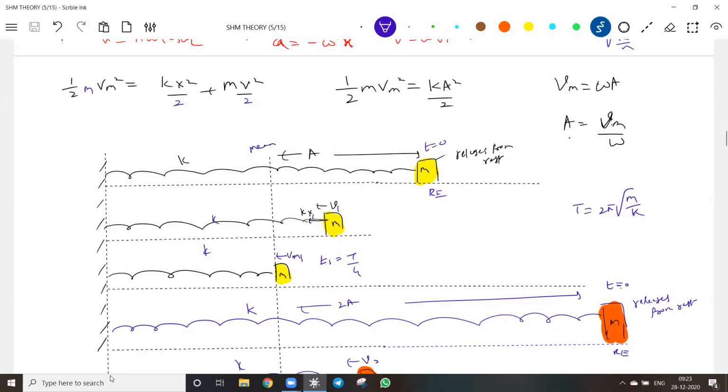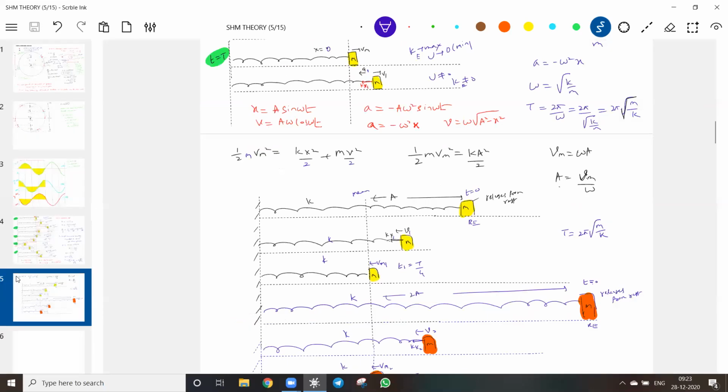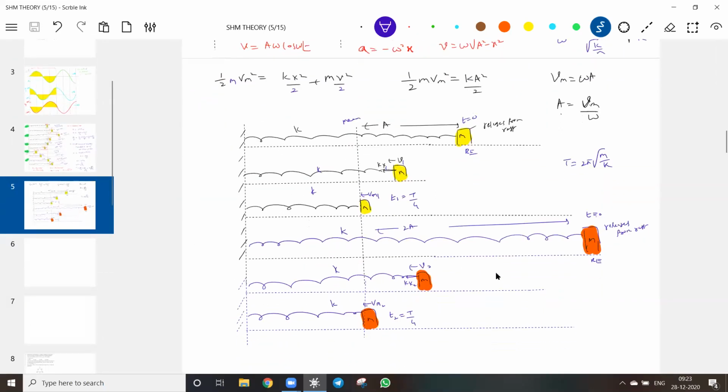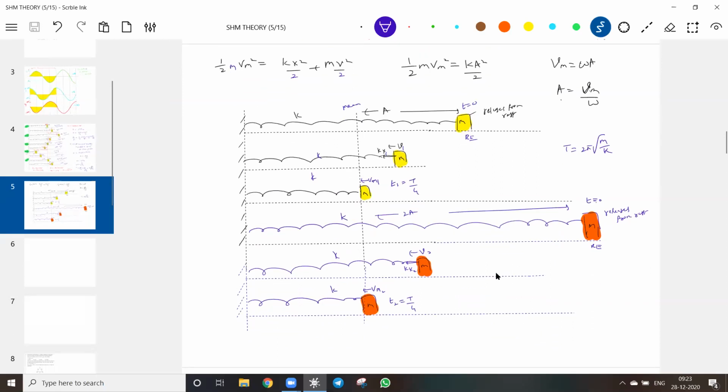So there's one more conclusion we are going to make. What is the conclusion? In SHM, the mechanical energy of the system is conserved.